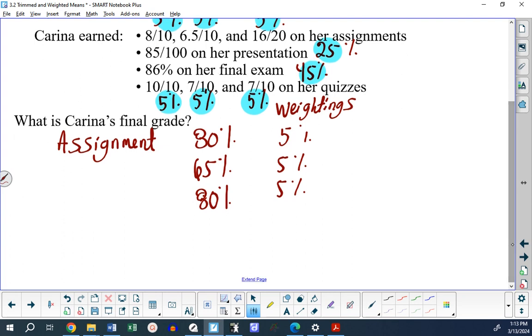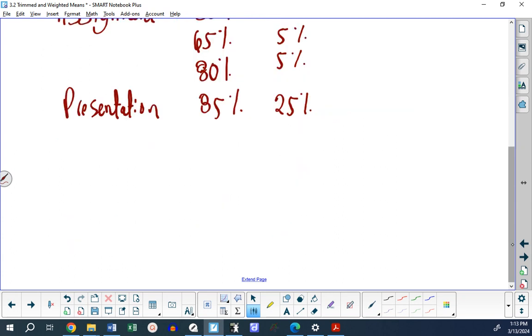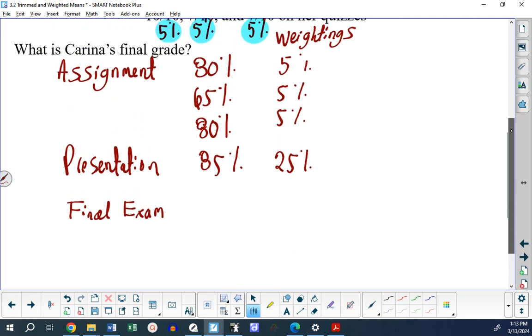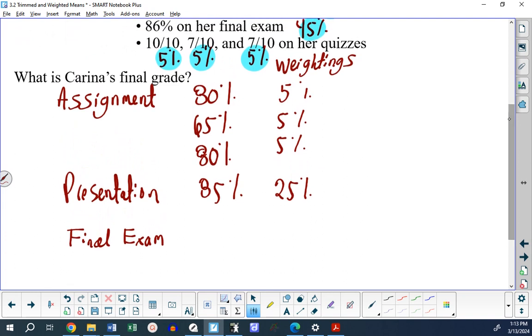What'd she get on her presentation? 85. I mean, do we really need to use our calculator to know that 85 out of 100 is 85%? I sure hope not. And that's weighted at 25%. We also have a final, and then we have those 3 quizzes. So her final exam she got 86 on, and it's weighted at 45%.